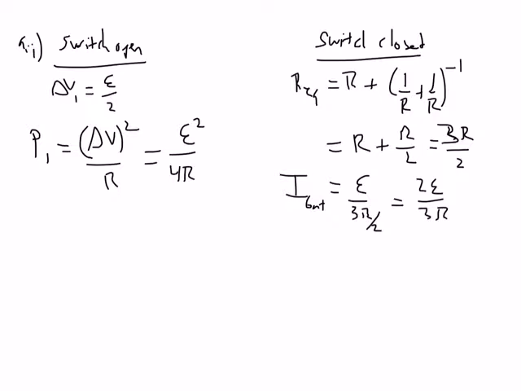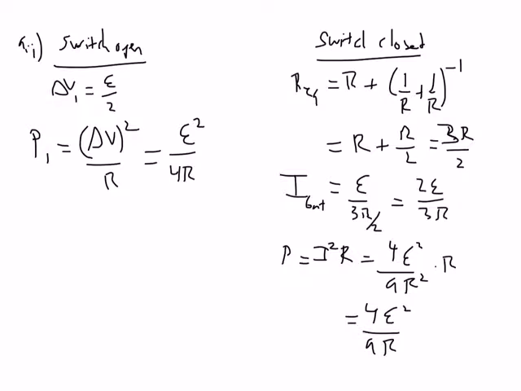And we know that the current that comes out of the battery is still the same as the current going through bulb 1. We also have another expression for power, I squared R. So 4 epsilon squared over 9 R squared times R, or 4 epsilon squared over 9R. This is P new.